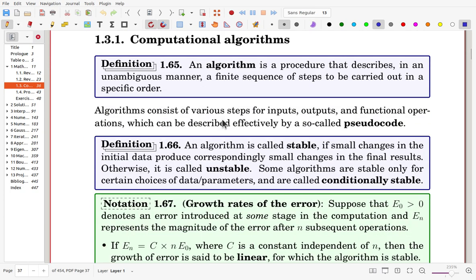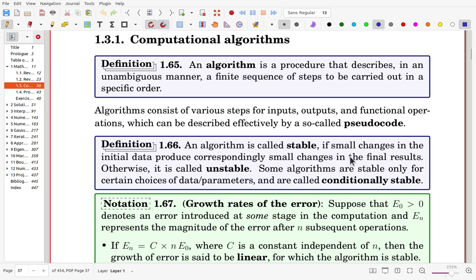An algorithm is a procedure that describes a finite sequence of steps to be carried out in a specific order, but the description must be unambiguous. And an algorithm can be effectively expressed by using pseudocode.